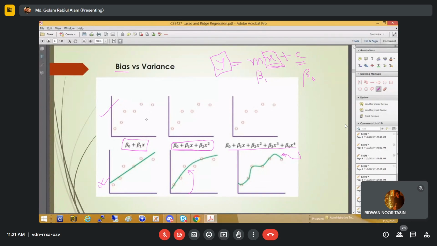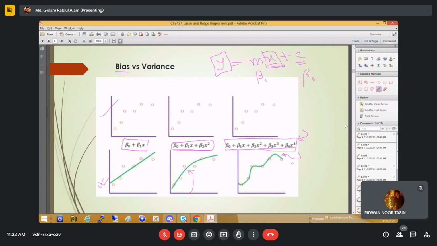And if we use higher degree polynomials, up to degree 4 with x cube and x square, it will just perfectly fit each and every point. It will try to draw a squiggly line in our training data set.